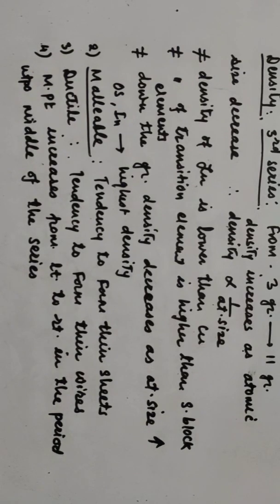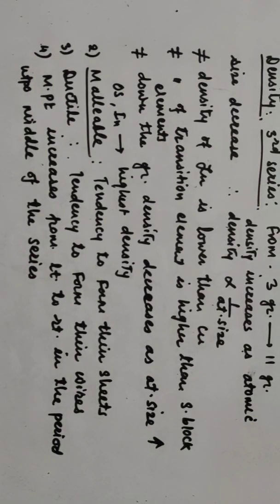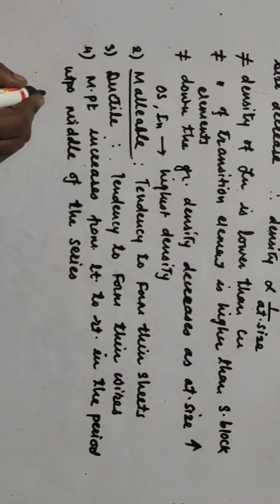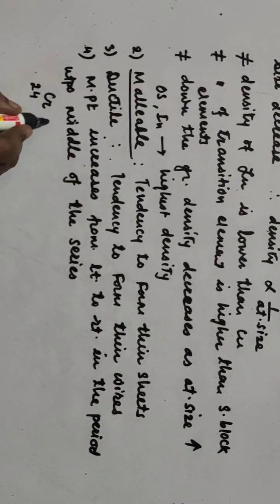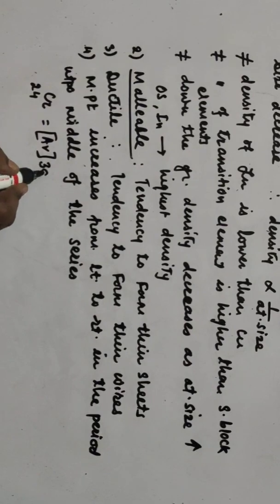What is the reason for that? This is because of the number of unpaired electrons. If you consider chromium, the atomic number of chromium is 24 and its configuration is Ar 3d5 4s1. So overall 6 unpaired electrons are there, and in the crystal lattice these metals can form covalent bonds with one another.